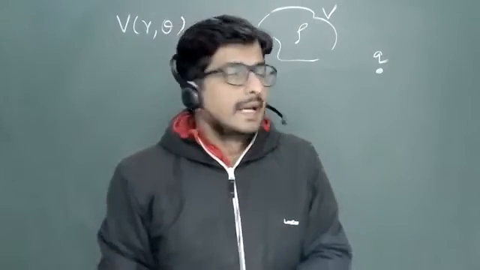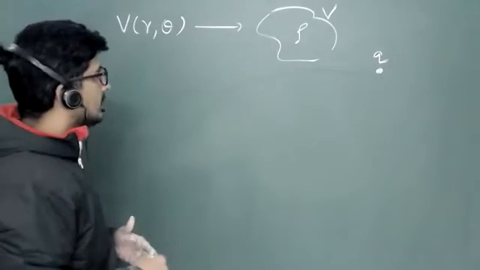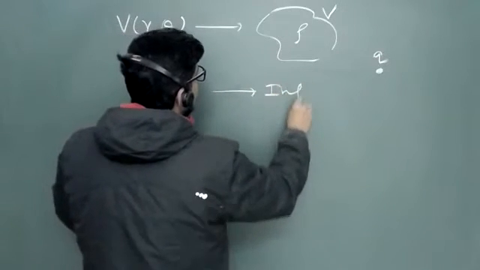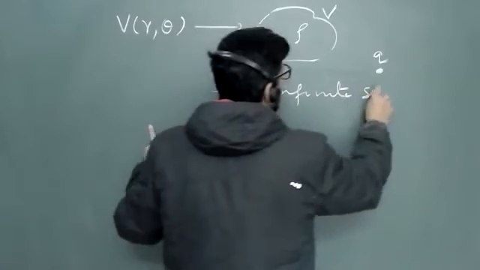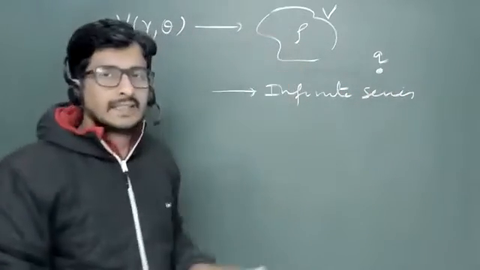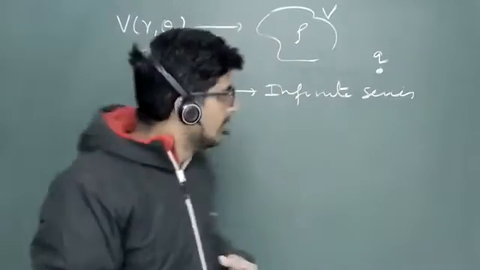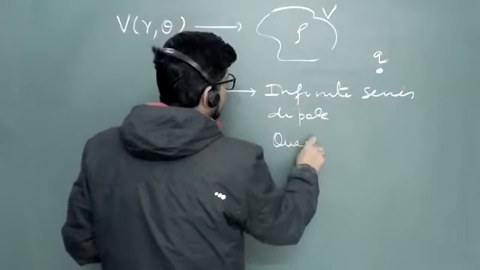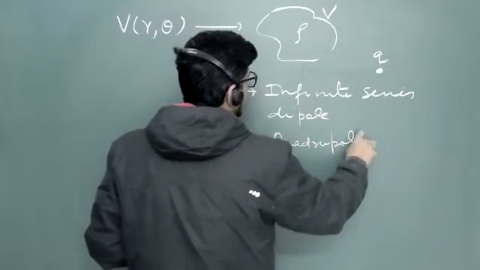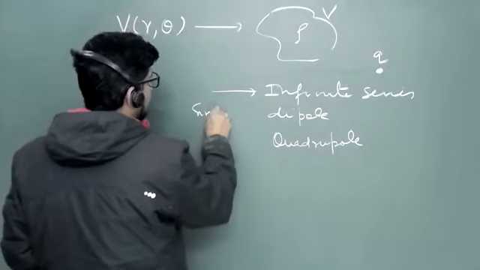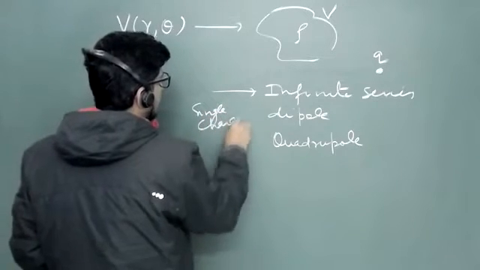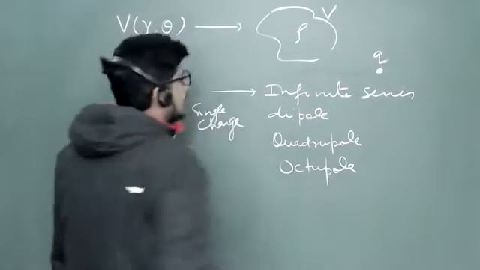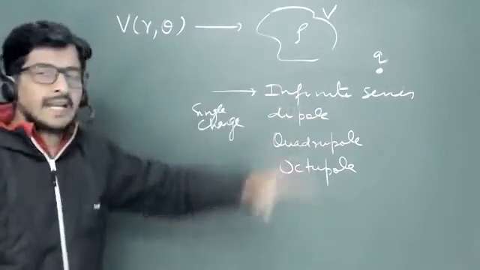So what will happen कि अगर मैं वो information बाहर लेके आना चाहता हूं तो मैं अगर V(r, θ) के बदले एक इनफाइनाइट सीरीज लिख दूं, तो इस चार्ज सिस्टम में जो कि अदरवाइज कॉम्प्लेक्स सिस्टम था उसमें डाइपोल प्रेजेंट है, क्वाड्रुपोल प्रेजेंट है, या फिर सिंगल चार्ज है, पॉइंट चार्ज जिसको कहते हैं, सिंगल चार्ज मतलब पॉइंट चार्ज, या फिर ऑक्टोपोल है, या फिर अदर थिंग्स हैं. ये सारे के सारे निकल के बाहर आ जाएंगे.